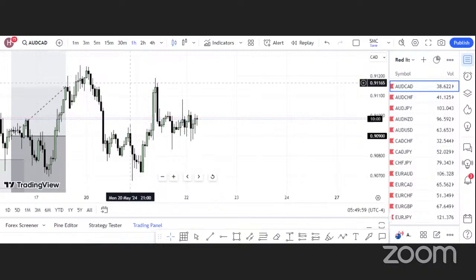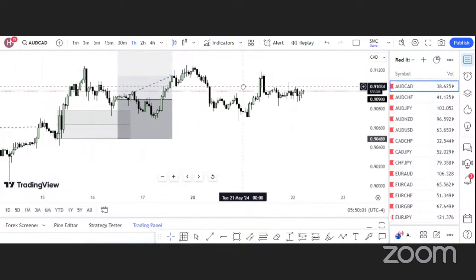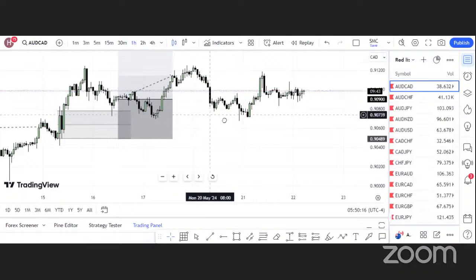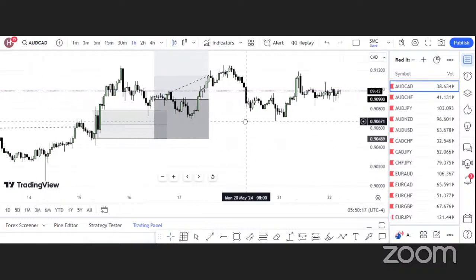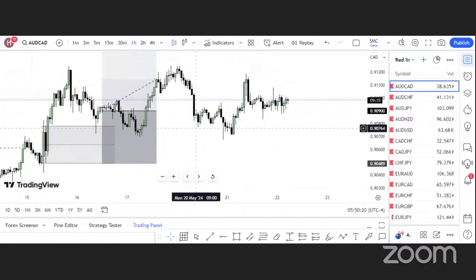So we have 10 minutes to the end of our session, and we also have 10 minutes to the end of the 1 hour candle on Ethereum USDT, as we've seen earlier. So let's not waste the 10 minutes. Okay, let's quickly analyze the forex pairs and see if we can also get entry opportunities from them.